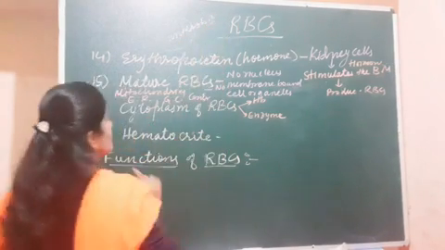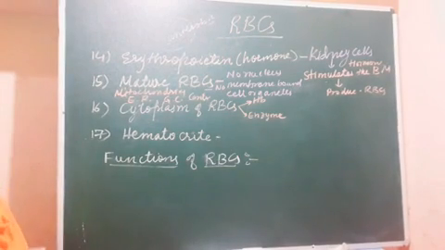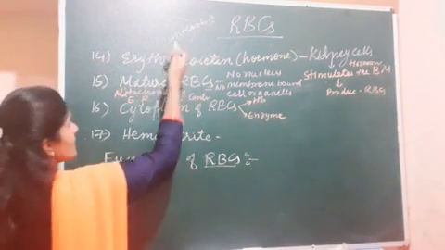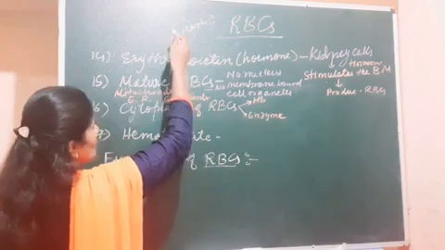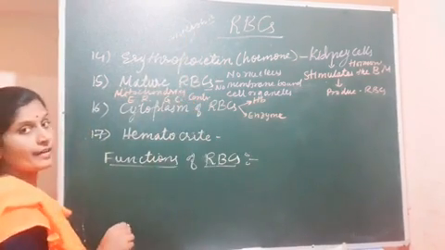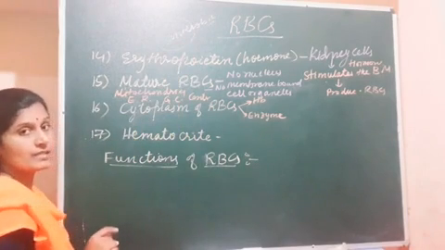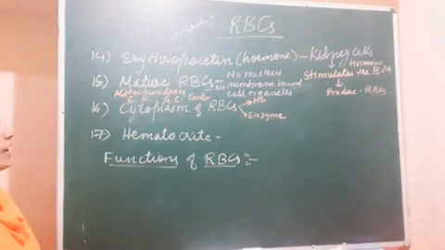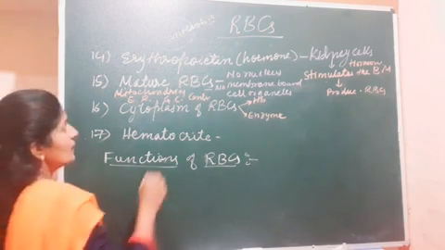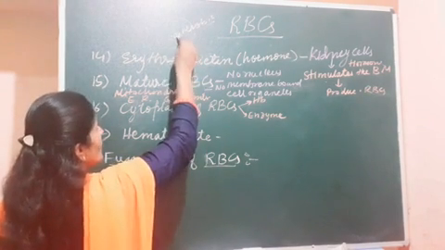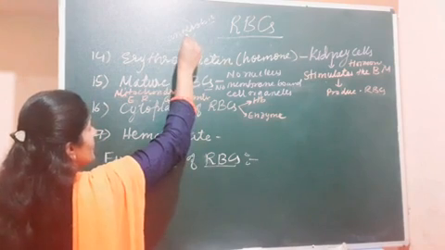If the mitochondria were present in the RBC, they would have produced more energy, and that energy would be utilized by the RBCs, and they would never have carried the gases O2 and CO2. That is why no mitochondria, and anaerobic respiration takes place.